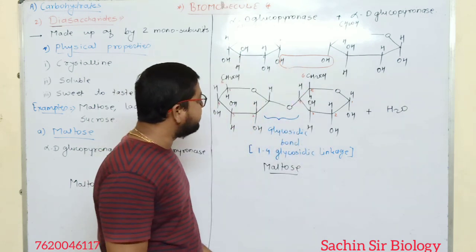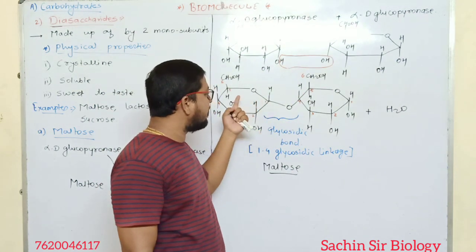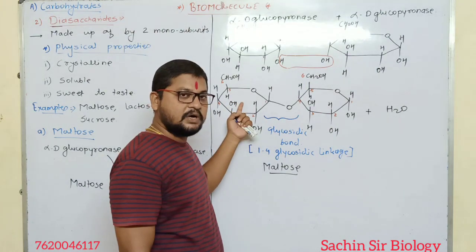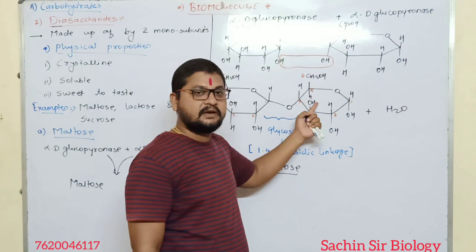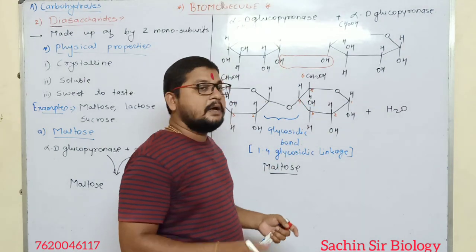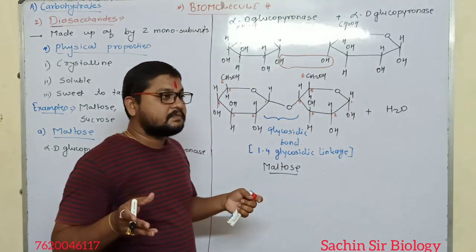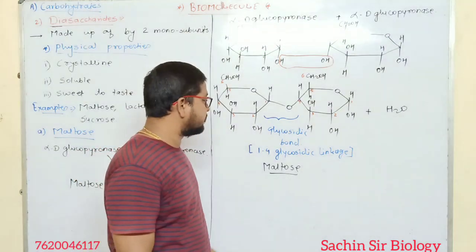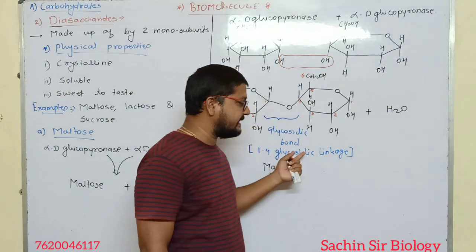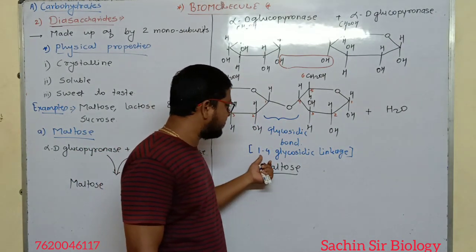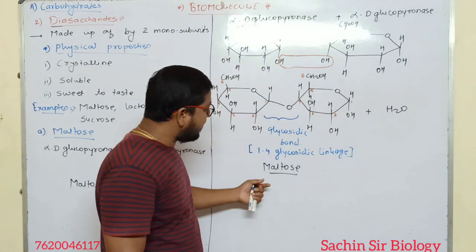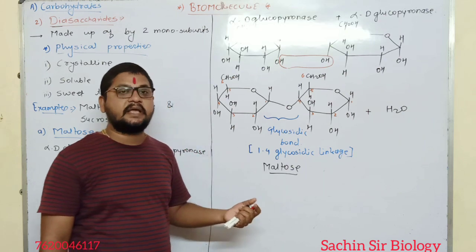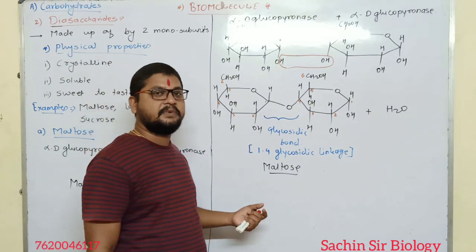Understand? And between the first carbon of the first alpha D glucose and the fourth carbon of the second alpha D glucose, that is involved in the formation of the glycosidic bond. Hence, this is also called 1,4 glycosidic linkage. You know, maltose also has its chemical name. How can we write the chemical name?